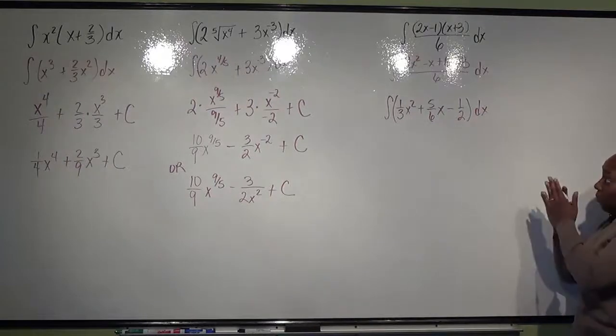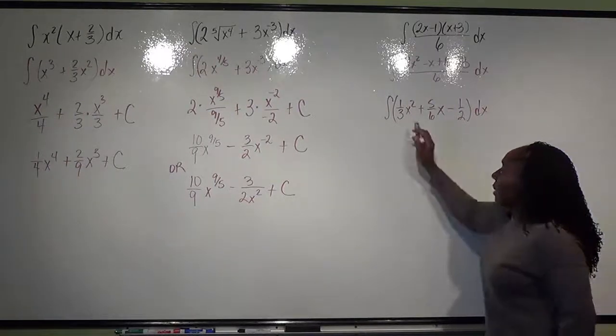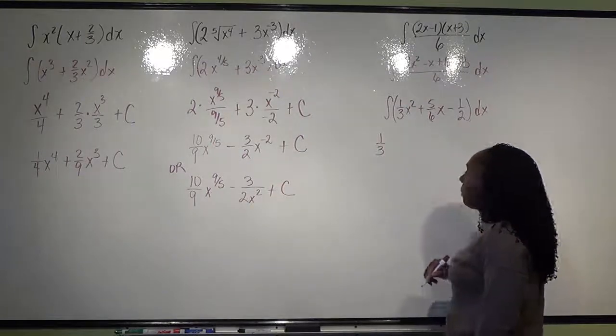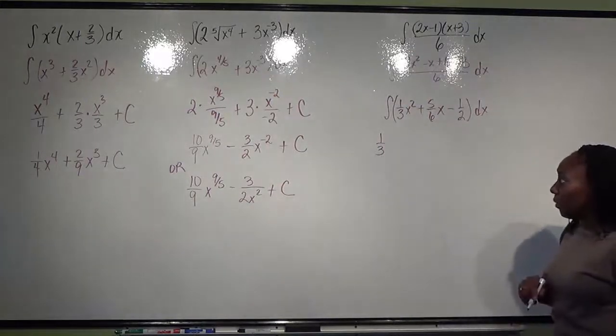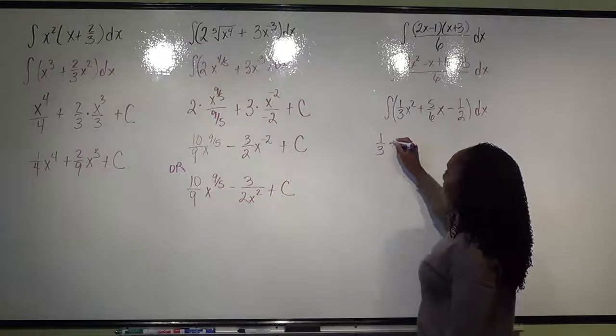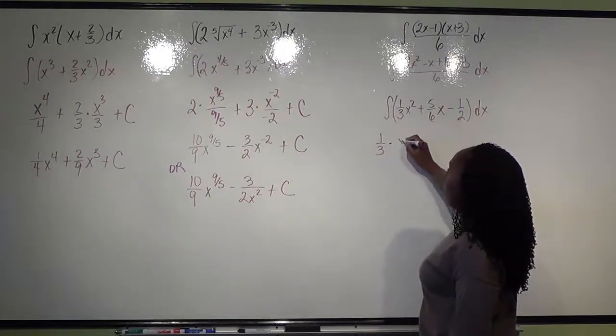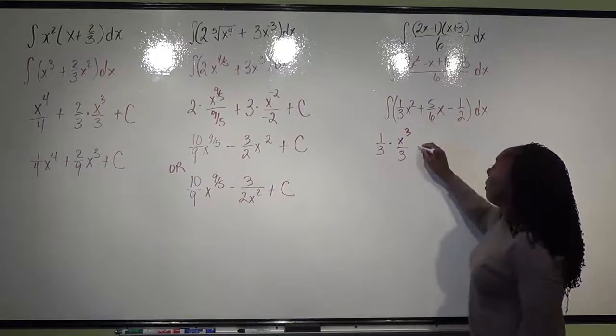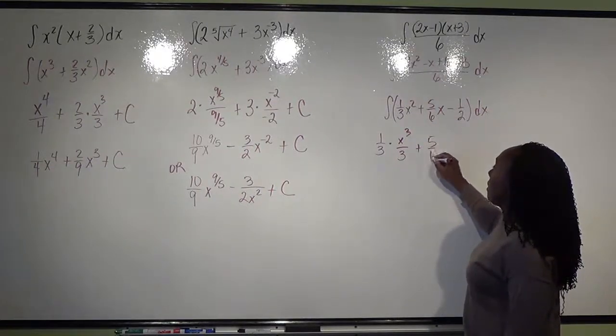And with the sums or differences, I can do each term individually. So pulling the 1/3 out, antiderivative of x squared, I'm using my power rule again, so x to the 3rd over 3, plus the 5 over 6.